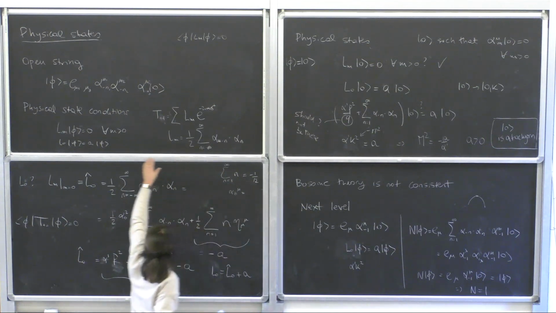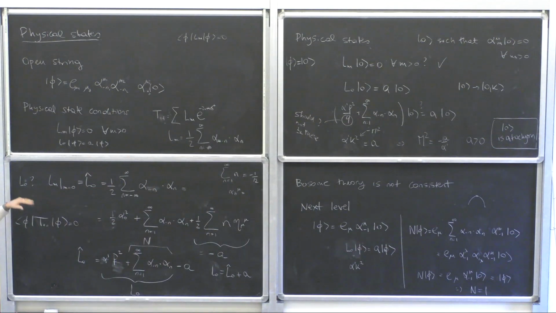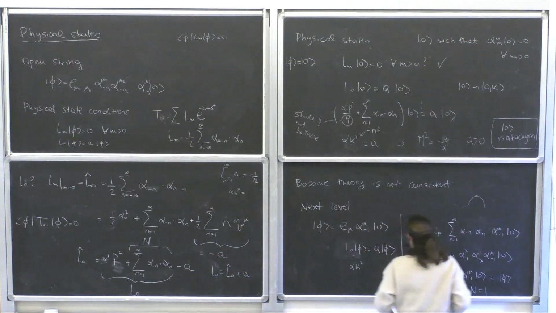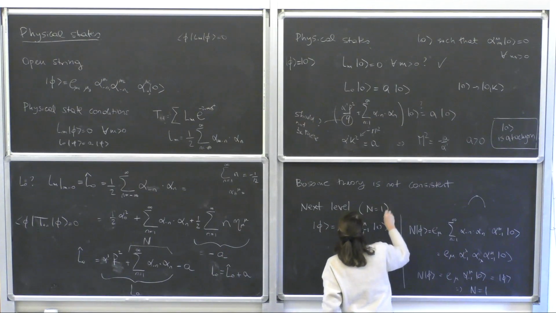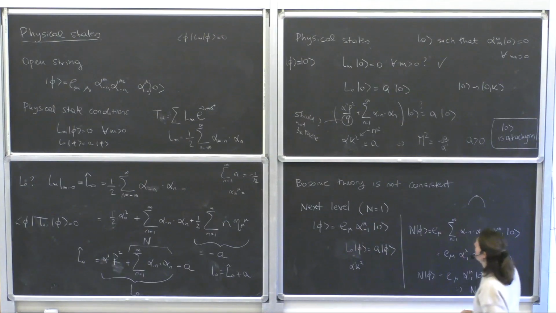So for a general state like that, it's going to give me n1 plus n2 plus nj, because you will have to commute every time, and when you commute, you get a factor of n1, then a factor of n2. So this operator n measures what is called the level. This next level is n equals 1. The one before was n equals 0, and this is n equals 1.